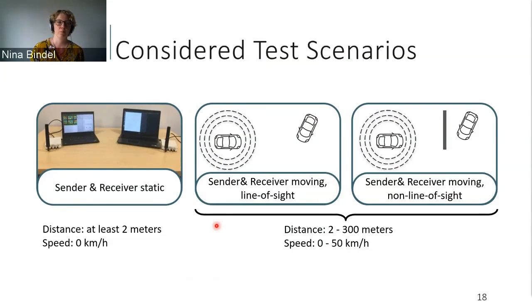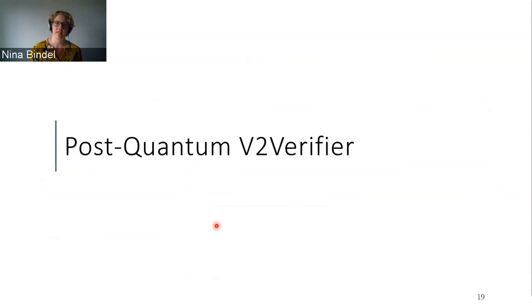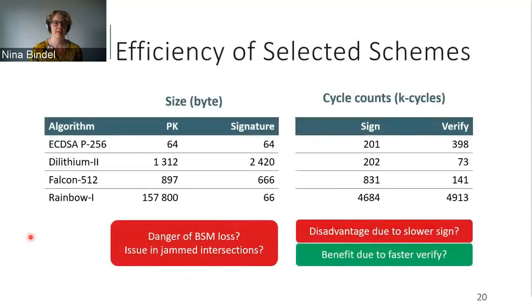So when we say we added post-quantum algorithms to that, really we mean that we added the three signature finalists. And before we go a little bit more into that, let's see, can we already guess what kind of disadvantages or threats there are for V2V communication, or maybe there are also benefits?